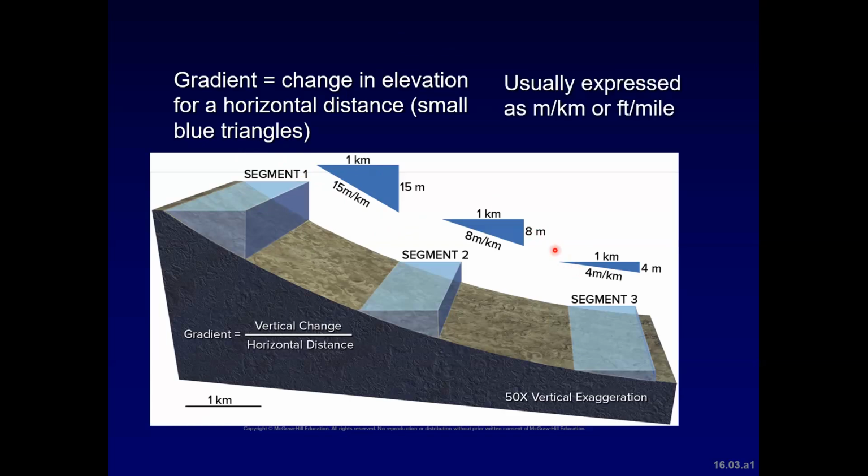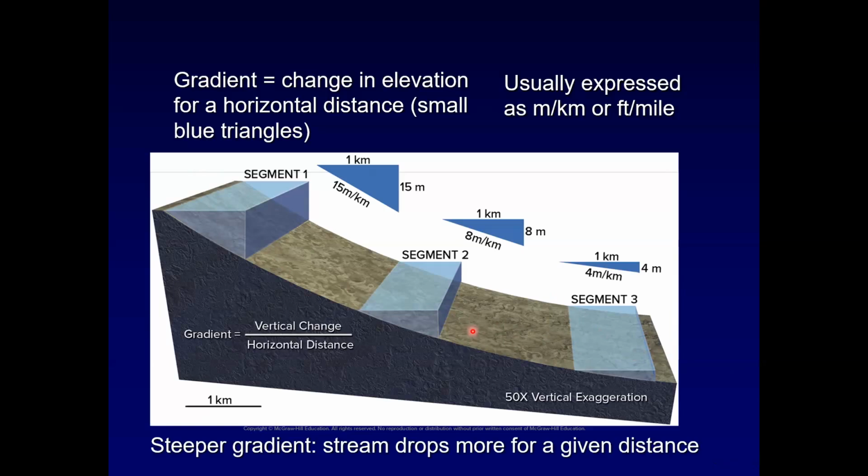It's usually expressed as meters per kilometer or feet per mile. And so our steepest gradient is up top, right? And then the gradient goes down over distance. With a steeper gradient, the stream drops more for a given distance.